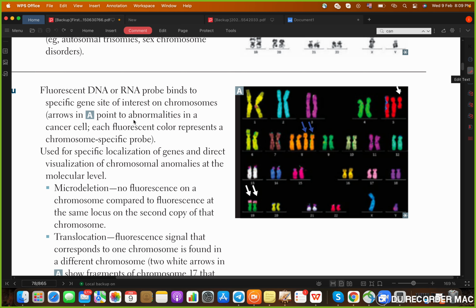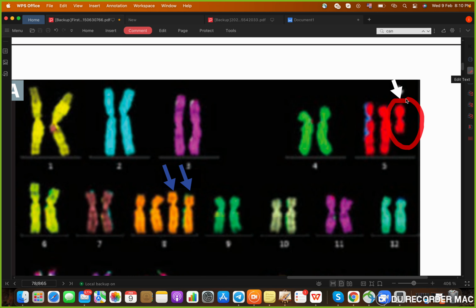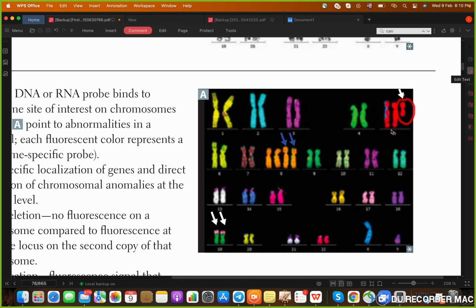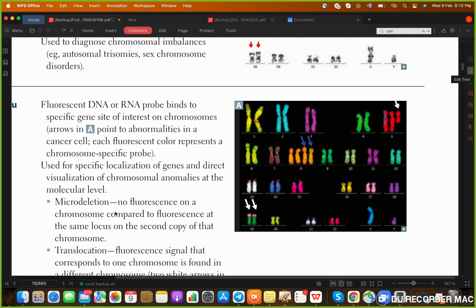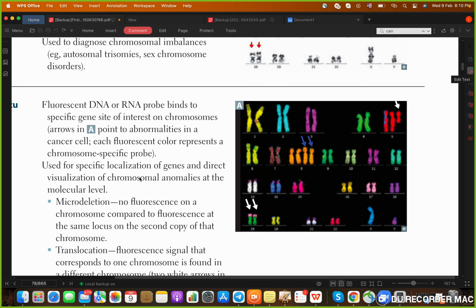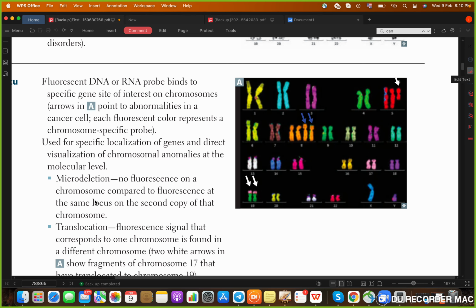So arrows in A point to abnormalities in cancer cells. You can see here there is some form of, like, you should have only 2. Why is there a 3? This is abnormal, okay?